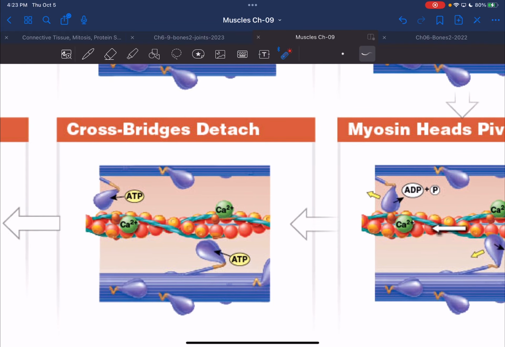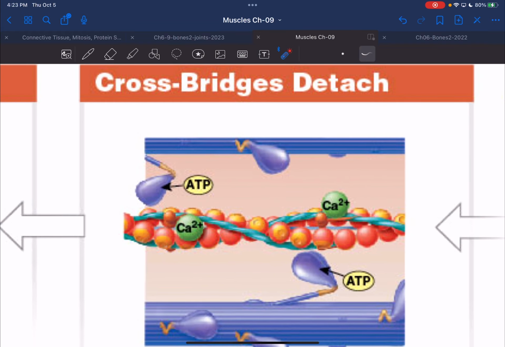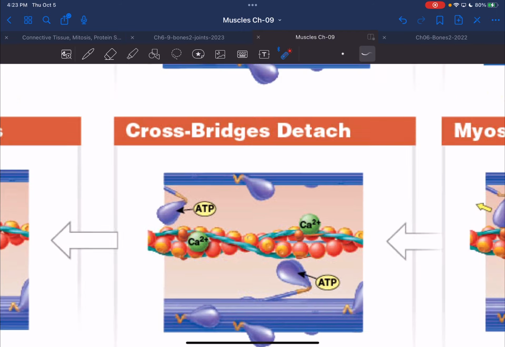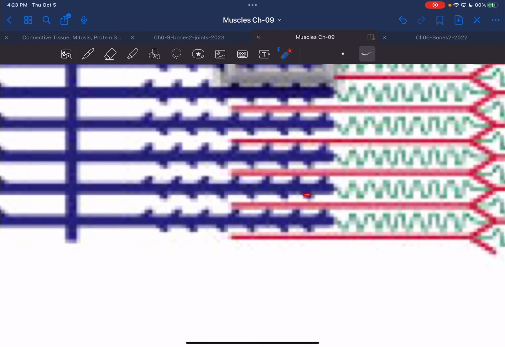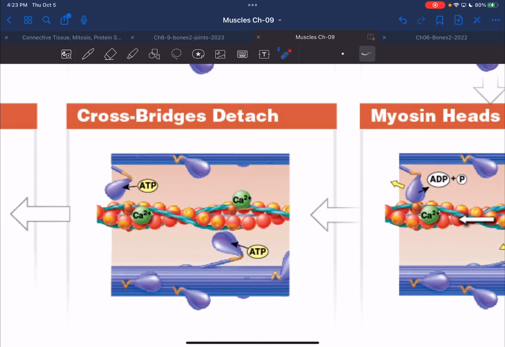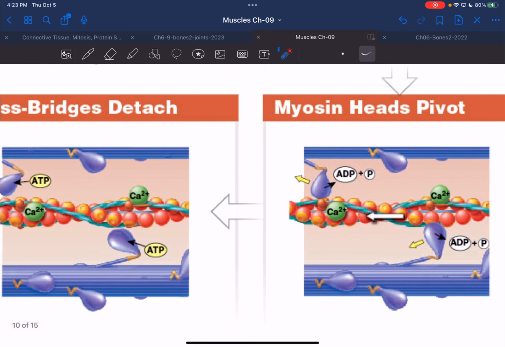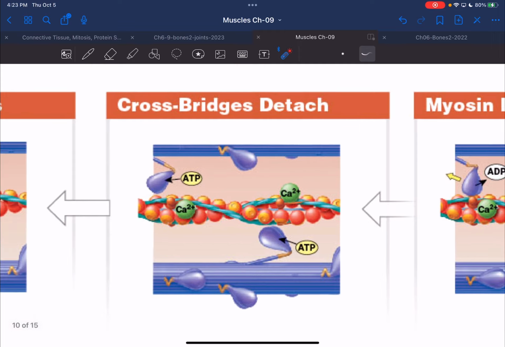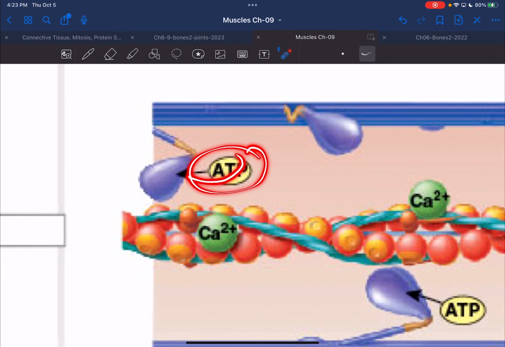And then the next thing that happens is that was only one pivot, and we need that thin filament to go through several myosin heads. This has to go from here all the way here, and we just saw one pivot. So the rest of these steps is really just a reset of the simple movement that we just saw, where we need a reload of energy. So you can see ATP comes in to reload.